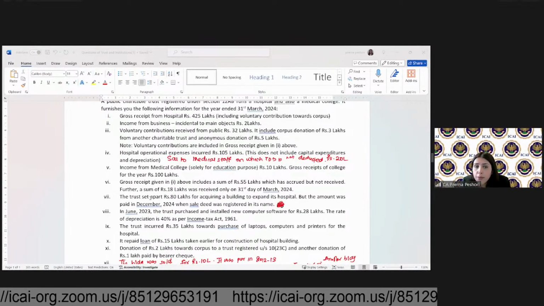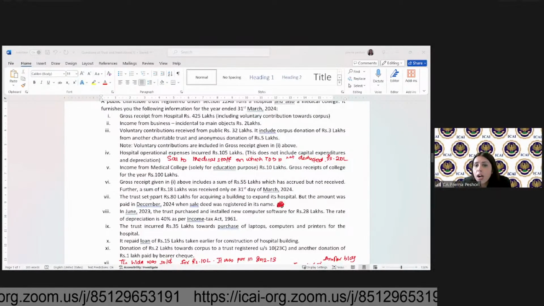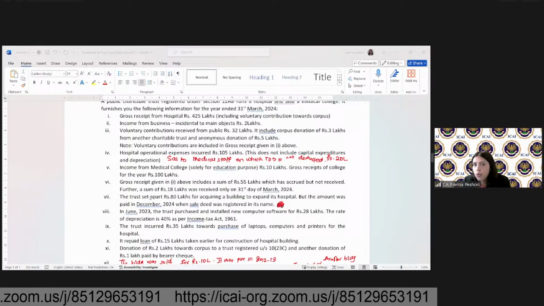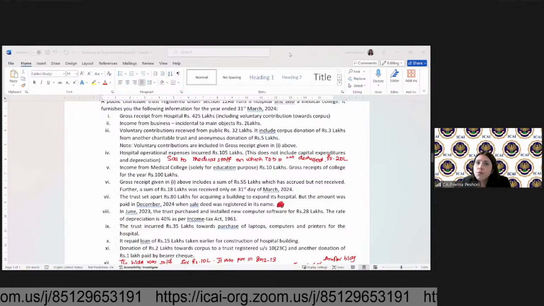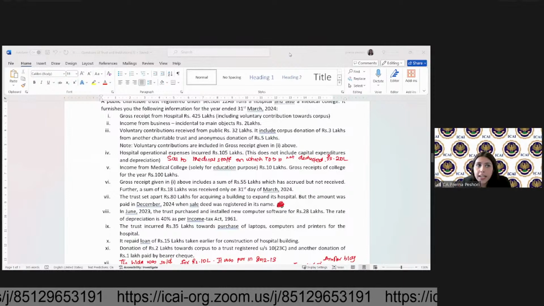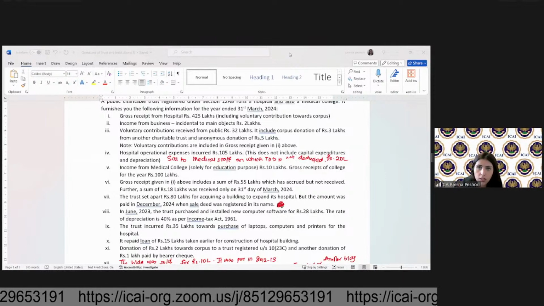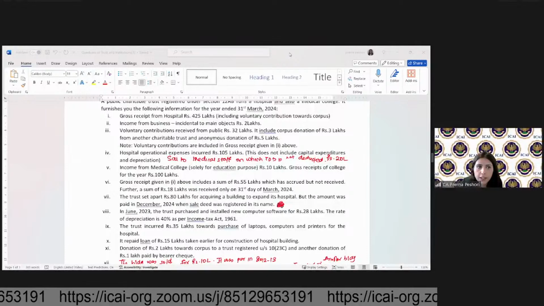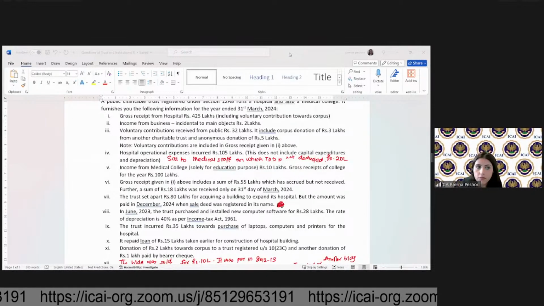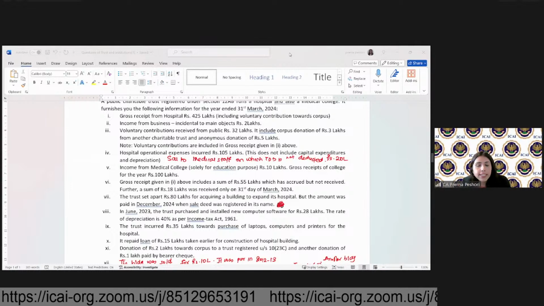The sum of rupees 18 lakh was received only on 31st March 2024. So first we'll talk about 55 lakh. What will be the implication of 55 lakh? It is accrued but not yet received. So what will be the effect?